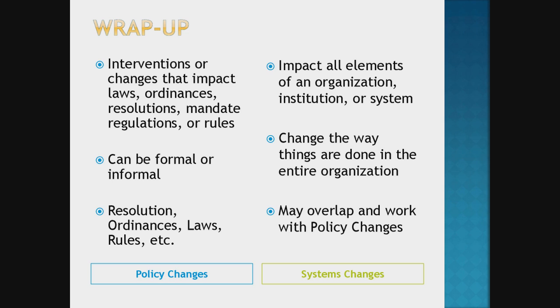Systems changes can have a large amount of overlap with policy changes, such as a breastfeeding policy, and then an organization chooses to change that system by creating a space for breastfeeding that then nicely coincides with the policy. They can be hard to tell apart sometimes, policy and system changes, but they often work hand in hand to accomplish a goal.